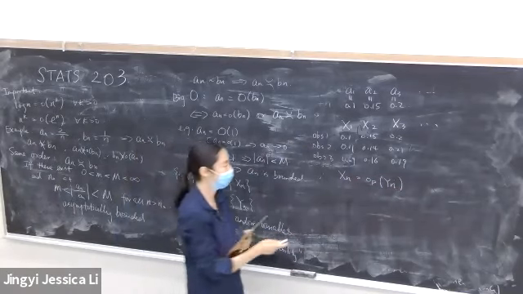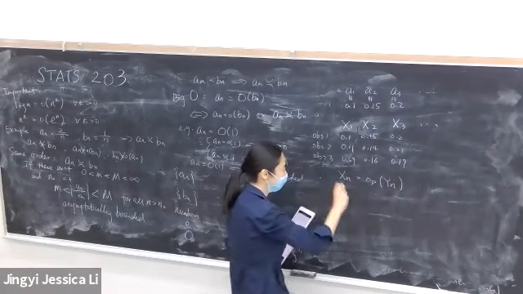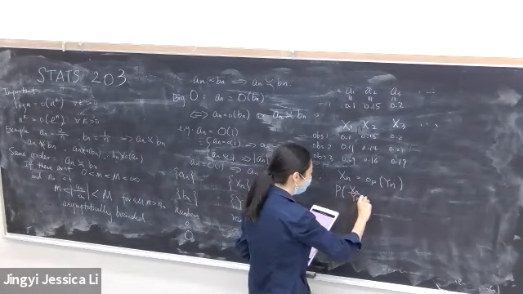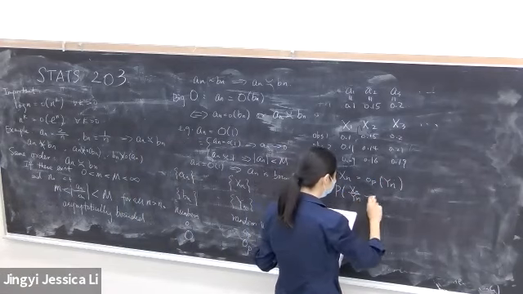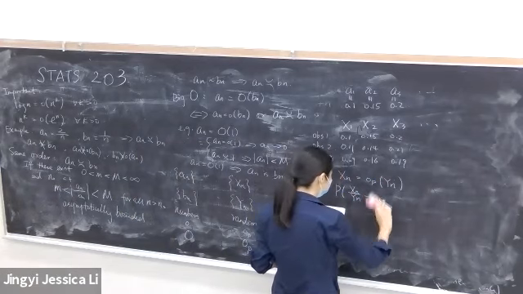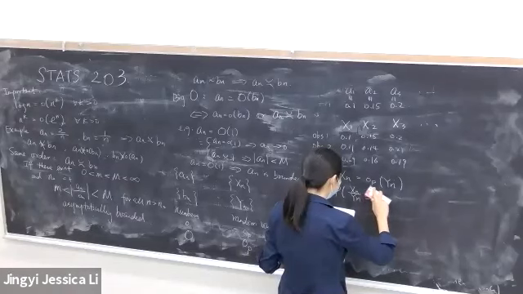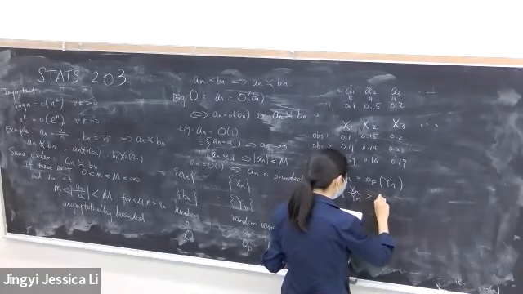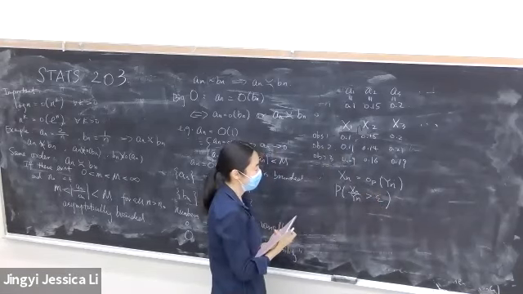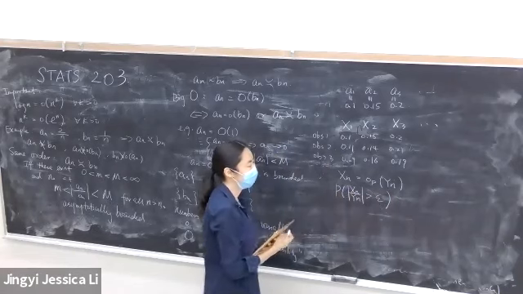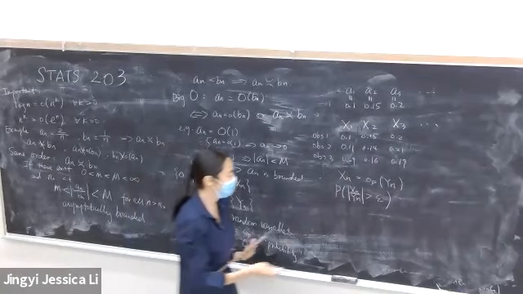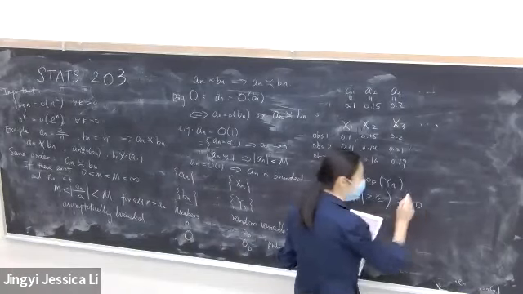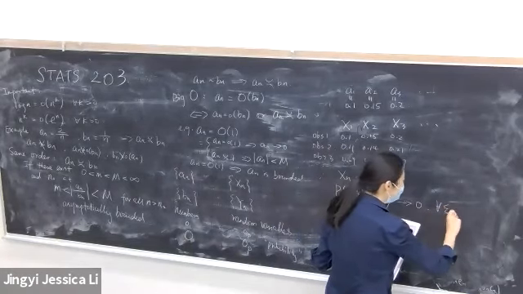It means that the probability that the absolute value of the ratio Xn divided by Yn is greater than some epsilon is going down to 0 for any epsilon.